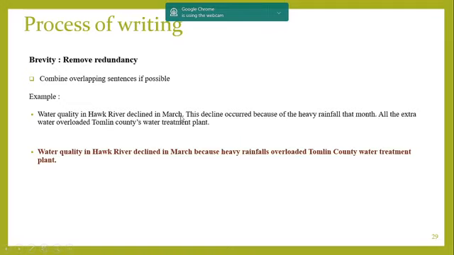Those can be combined into a single statement as below. Like, water quality declined because of the heavy rainfall, which overloaded the Tomlin County water treatment plant. So you can combine the overlapping sentences if possible.